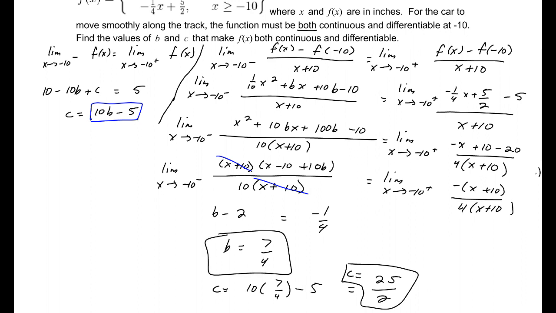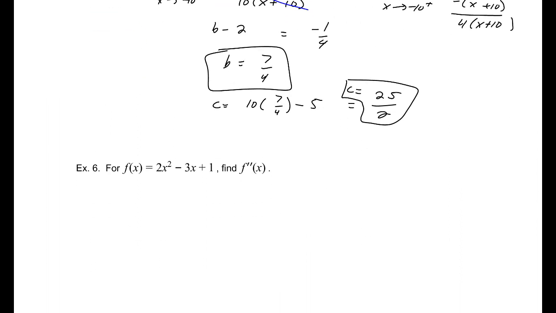And those are the values of b and c that would make this function continuous and differentiable at the value of negative 10. All right, so look at each part separately. Continuity from both directions, differentiability from both directions, and some things sort of, well, they connect. No pun intended.